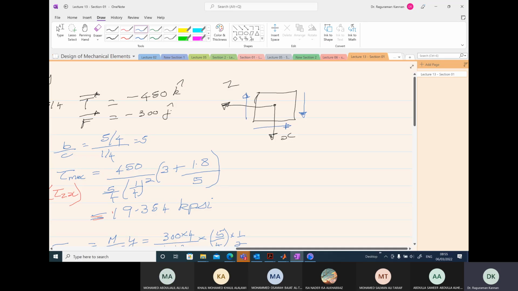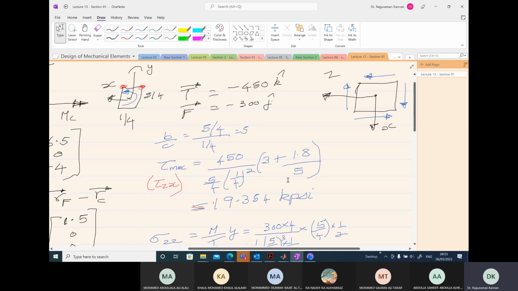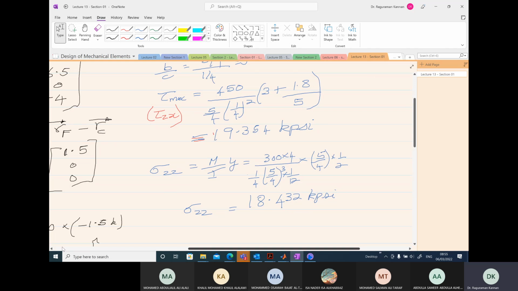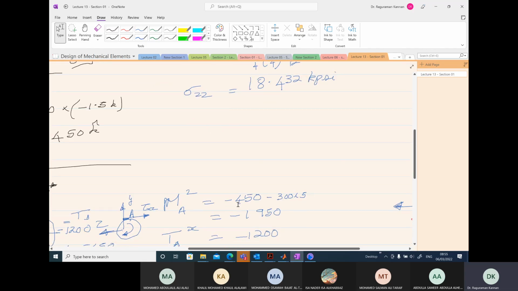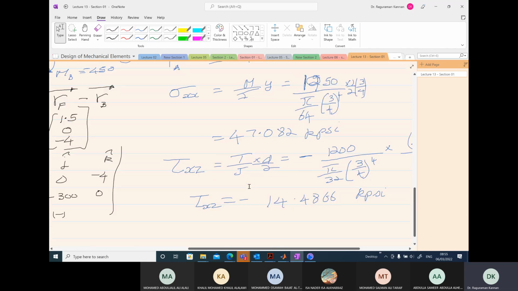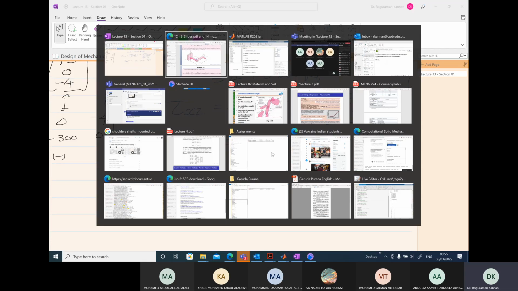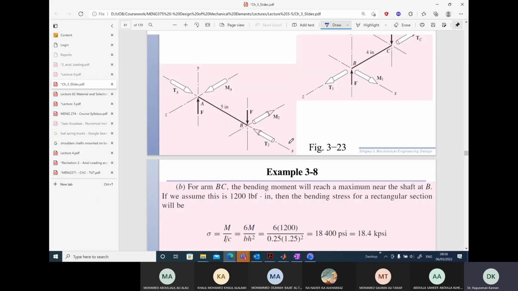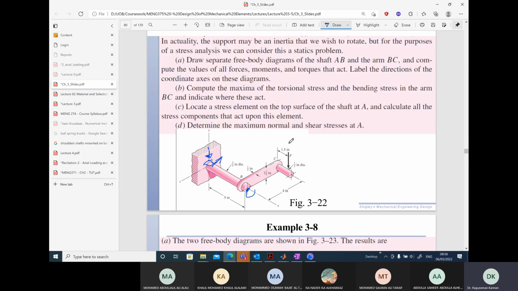So in this case as well, it looks like it is negative, especially if it is taken on the points on the top. Definitely the shear stress appears to be negative here as well. But sigma ZZ is positive. So we have identified all these stress components and the values.